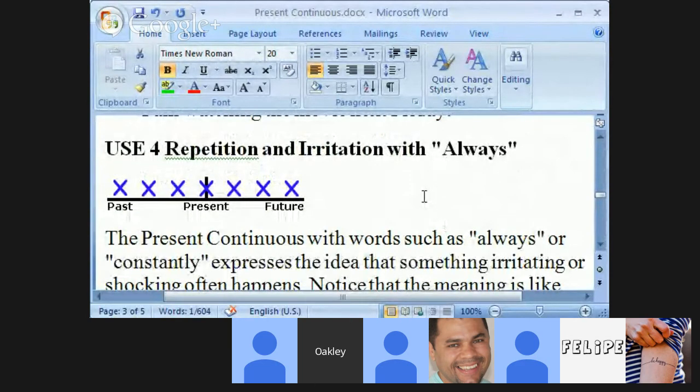Here is a more specialized use of the present continuous tense. To express the idea of repeated actions, and also the idea that it's maybe irritating or shocking, surprising, using the word always or actually constantly.